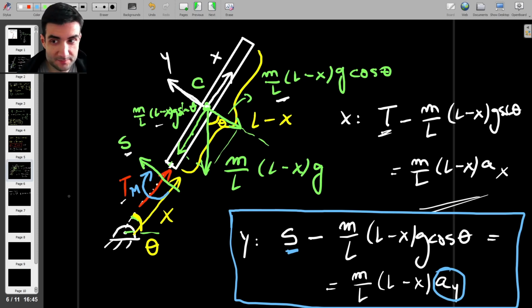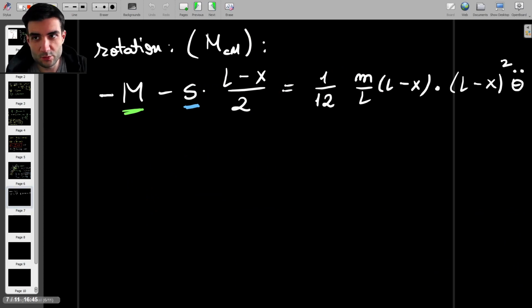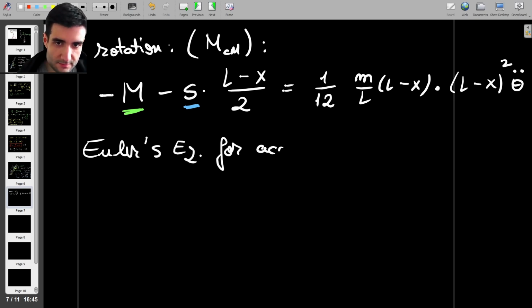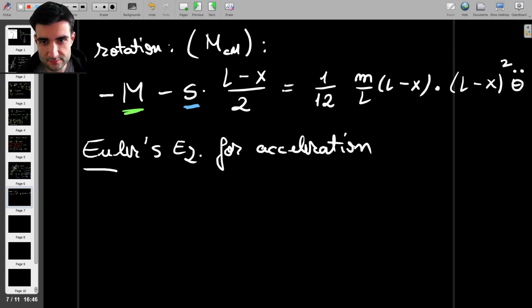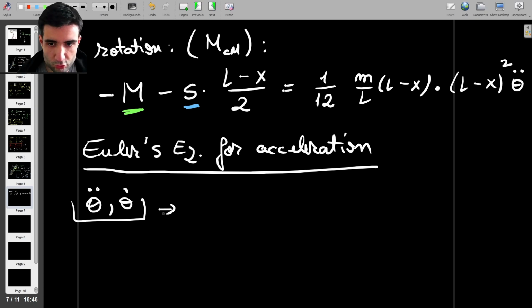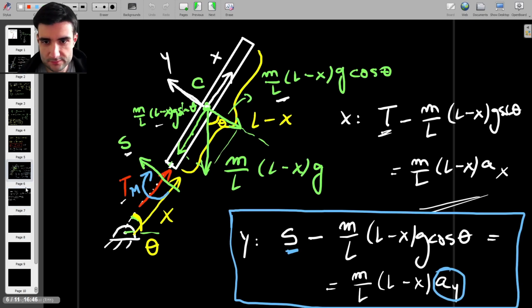That's the acceleration of the bar in this y direction, which is perpendicular to it. And to find that, we will have to use Euler's equation for acceleration. So the plan is we use theta double dot and theta dot to find a_y.